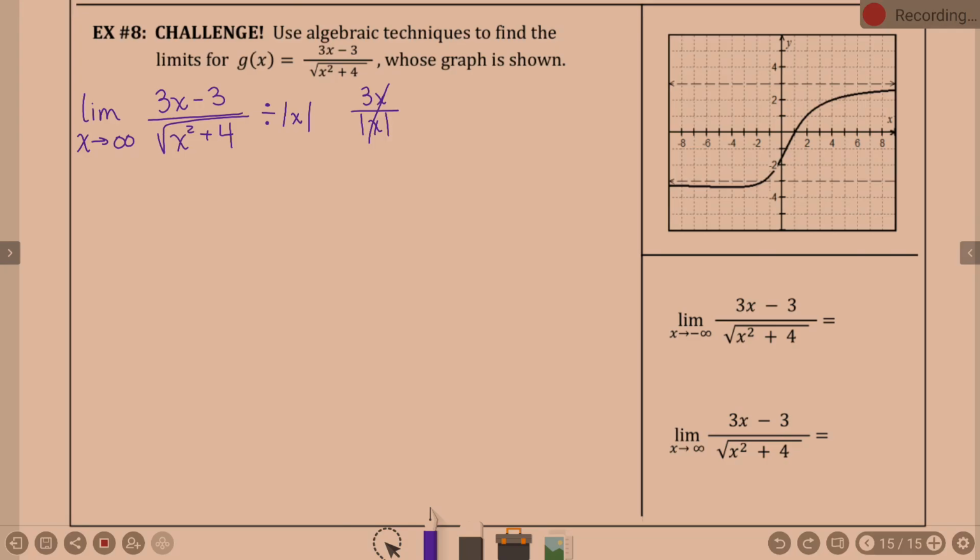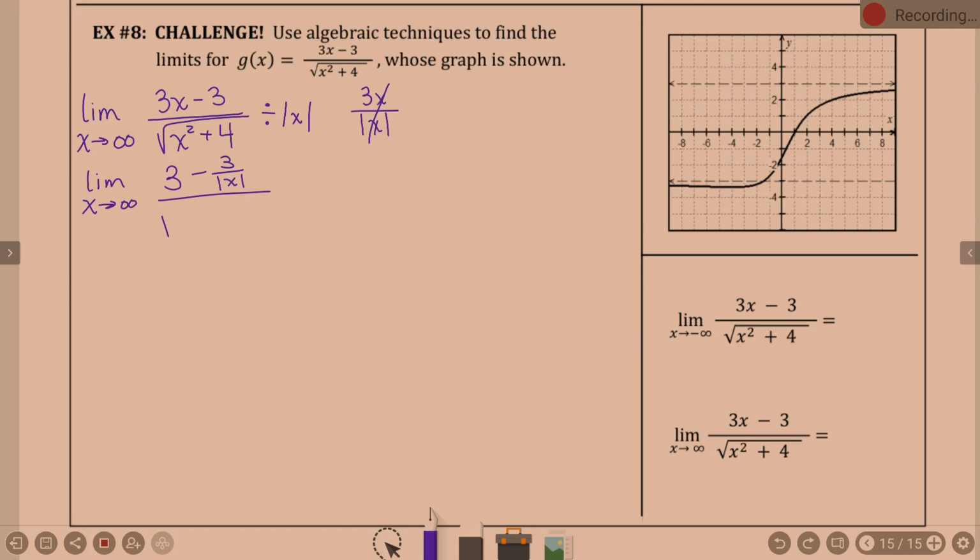So if we actually go through, I'm going to go through and divide it out, I think. So that means 3x divided by the absolute value of x is going to become 3 minus 3 over the absolute value of x, but yes, we'll be 0 here in a moment.